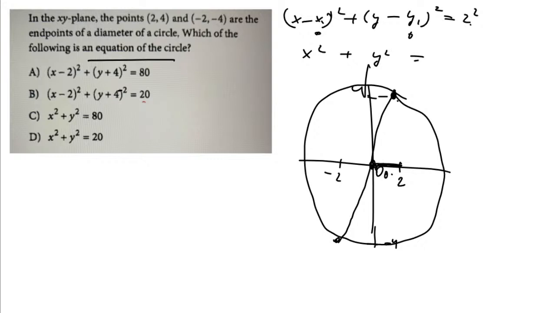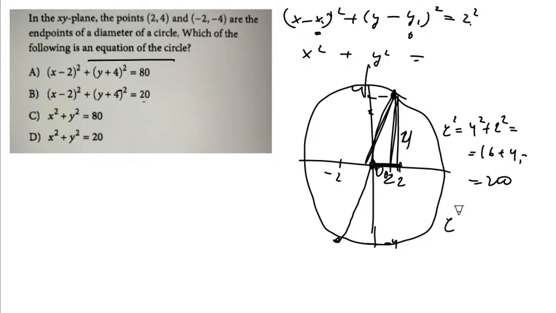So this is 2, this is 4, agree. So how do I find this radius? Radius squared equals 4 squared plus 2 squared, which is 16 plus 4, equals 20. So r squared equals 20. r equals square root of 20.